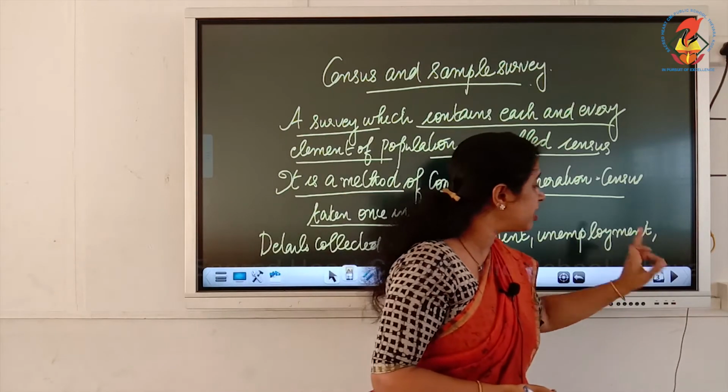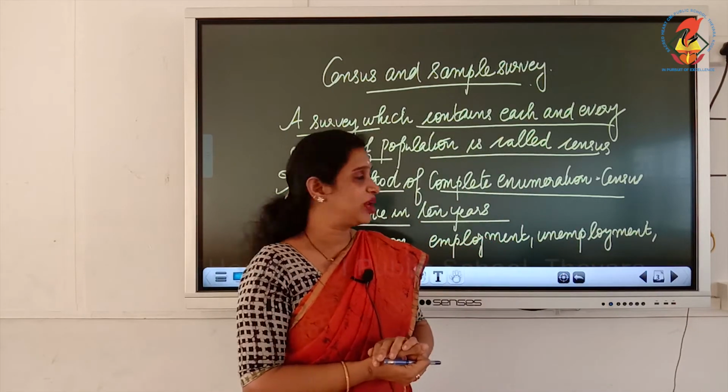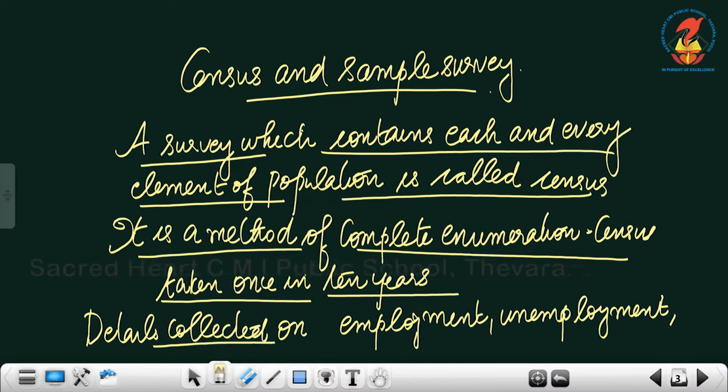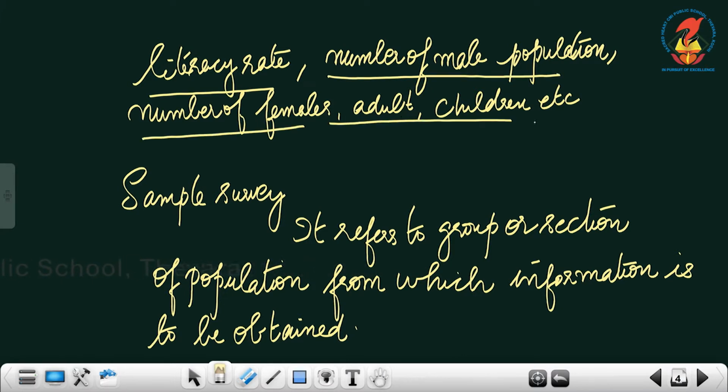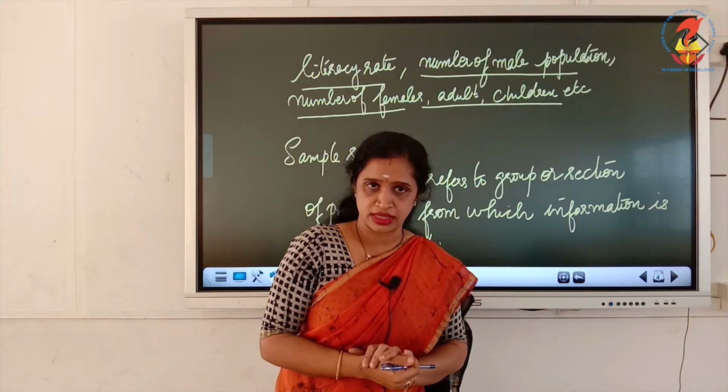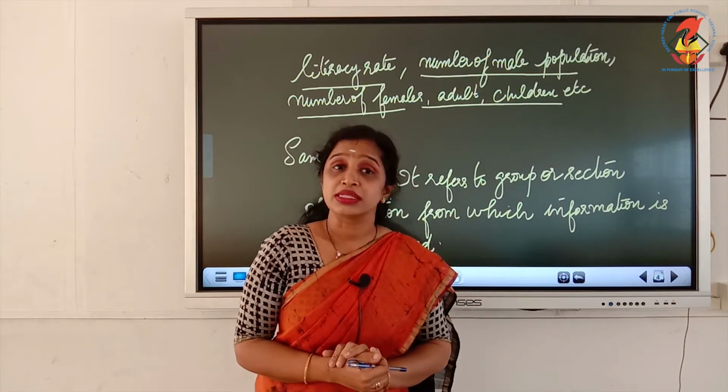So census is very important to know about the population. Here I have written that details are collected on employment, unemployment, literacy rate, number of male population, number of females, adults, children, etc. This is known as census. Now the next is sample survey.